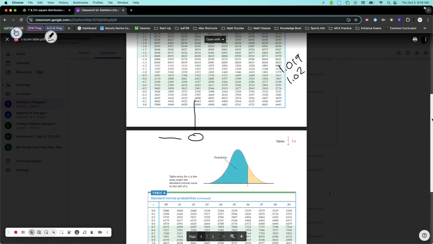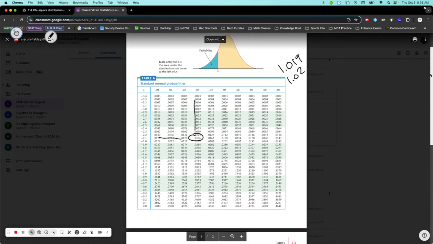I want the percentage that is in the small tail, right? We always want to look at the small tail. So actually I need to look up negative 1.02, which is somewhere in here, and there's that one. Okay? So if I look that up, it says I have about 15.39%, or 0.1539.